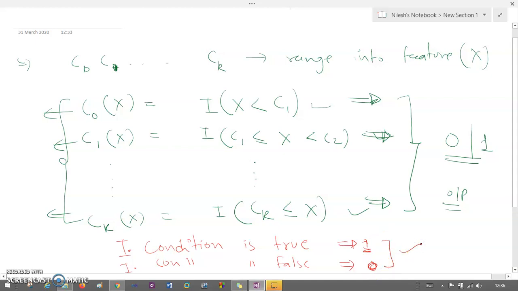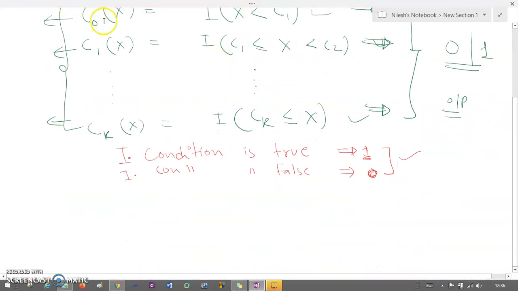Okay, in that way you can work. And so if x, the value of this feature, is smaller than the constant that is there, then it will give you 0, which is going to be assigned to c0x. So 0 is going to be c0x. In a very similar way, if this condition holds, 1 or 0, then it is going to be assigned to c1x, and according to that your data set is going to work.